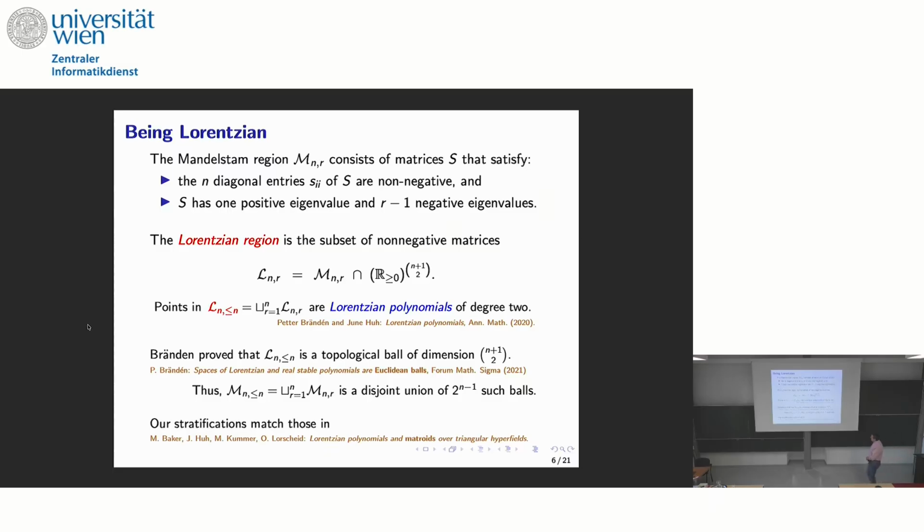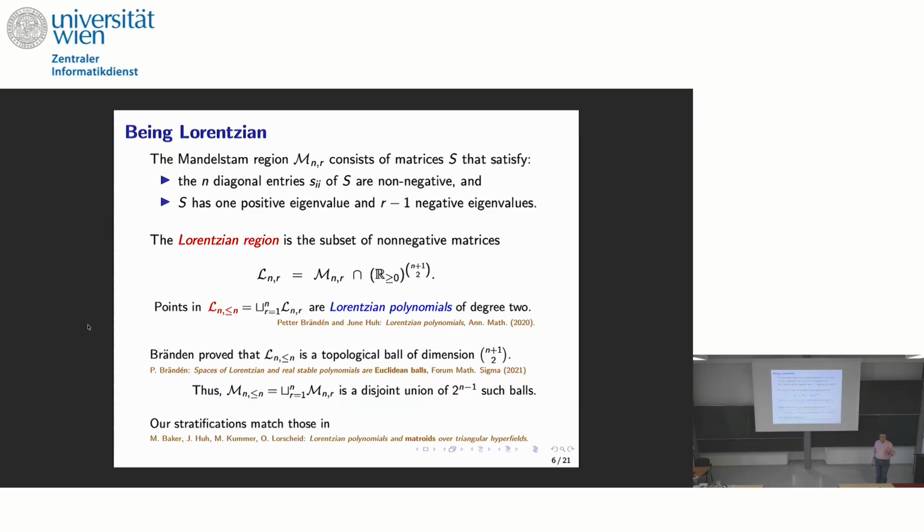In the meantime, there is a more recent paper by Matt Baker, June Huh, Mario Kummer, and Oliver Lorscheid called Lorentzian Polynomials and Matroids over Triangular Hyperfields. The stratification that I am discussing matches theirs in the special case where rank is 2.